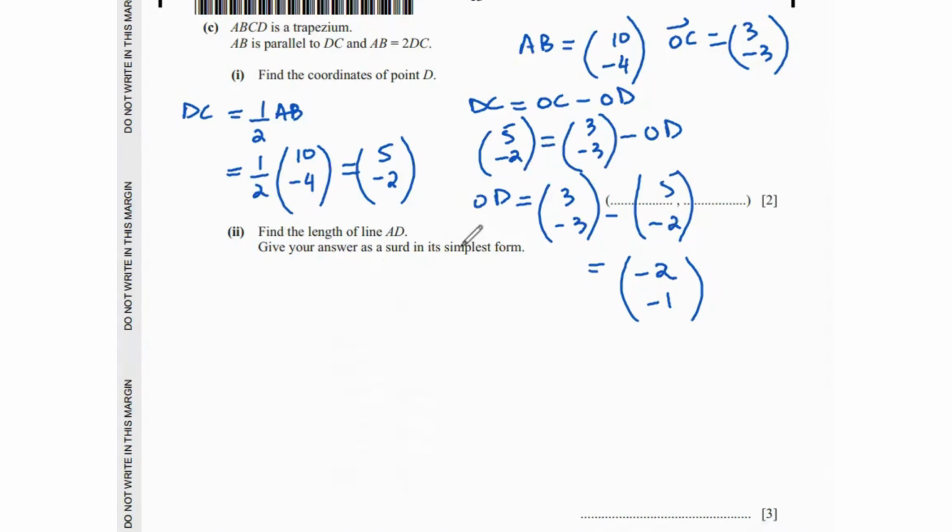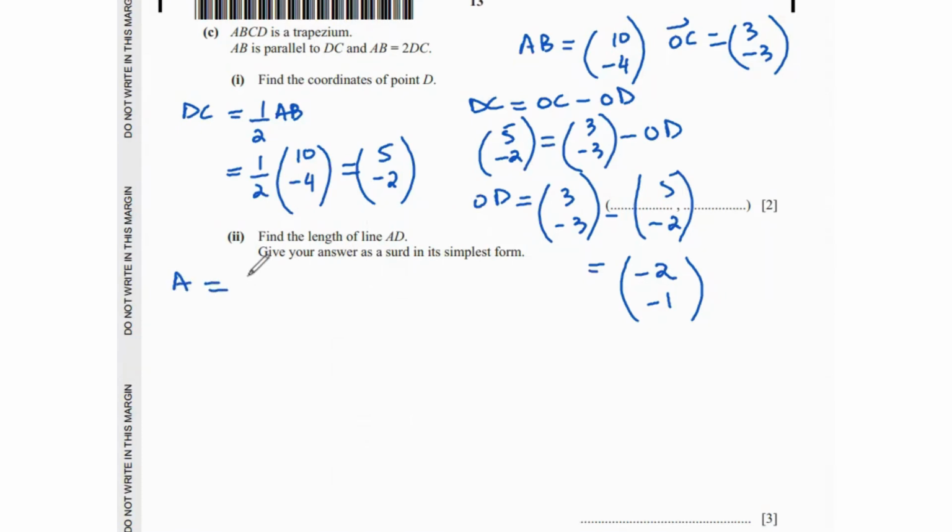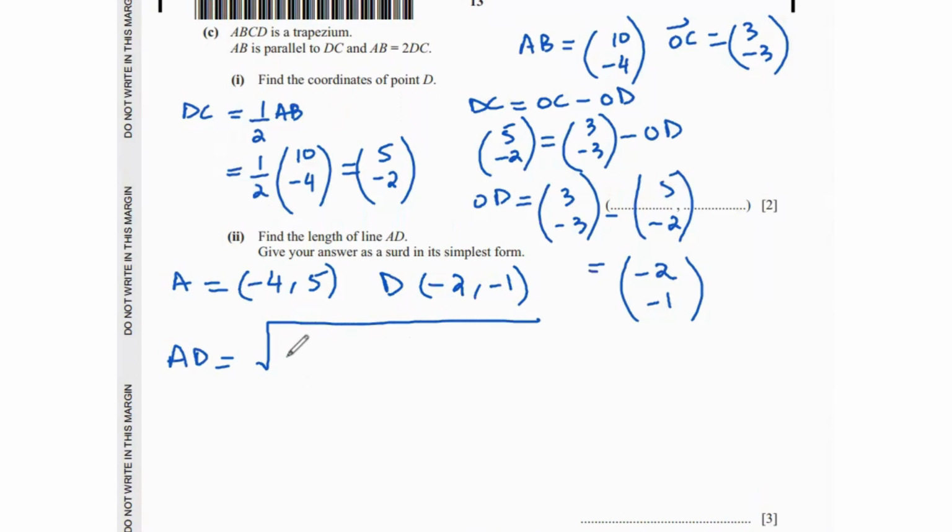Let's find the length of AD, giving the answer as a surd in its simplest form. The coordinates of A were given as (-4, 5), and D is (-2, -1). To find the length AD, the formula is y2 minus y1 whole squared plus x2 minus x1 whole squared, and the entire thing square rooted.